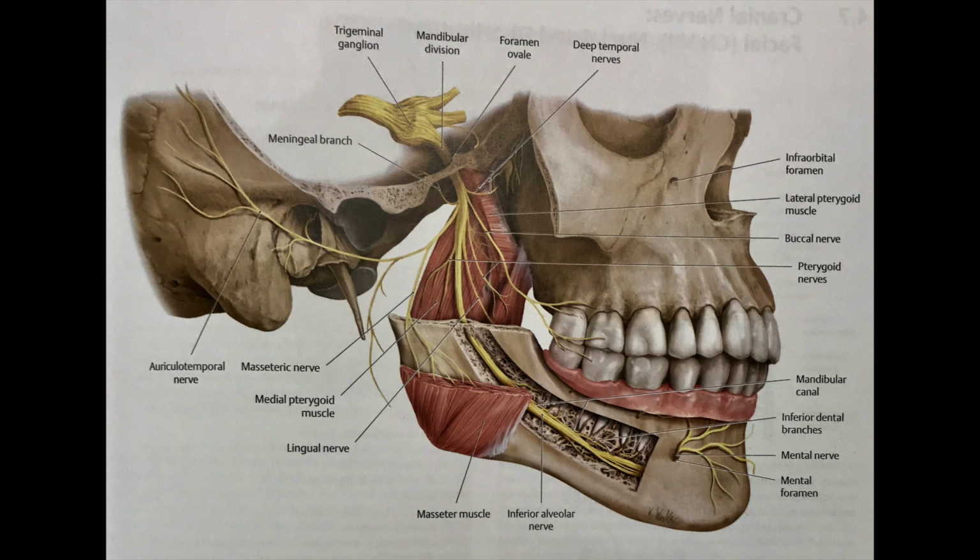And that will, of course, go to mylohyoid muscle and anterior belly of the digastric. Of course, there's sensory nerves to all the mandibular teeth, the gums, and of course the skin overlying the mandible.